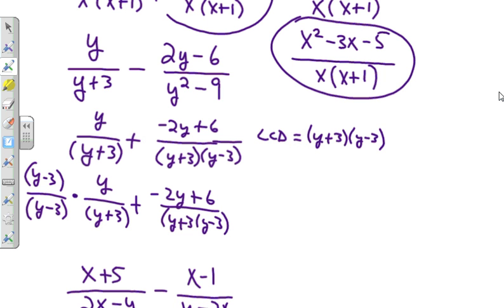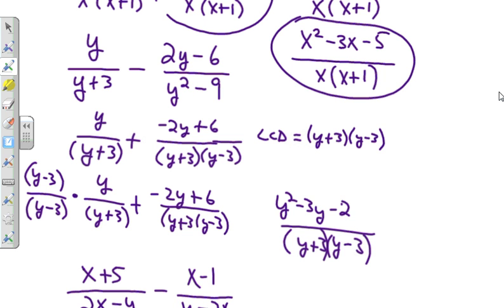So what is this? My denominator is what I want, right? Y plus 3, y minus 3. What's the numerator? Y squared minus 3y, and then with this, minus 2y plus 6. Okay? So with this, y squared minus 5y plus 6.